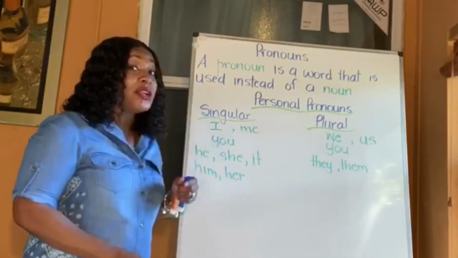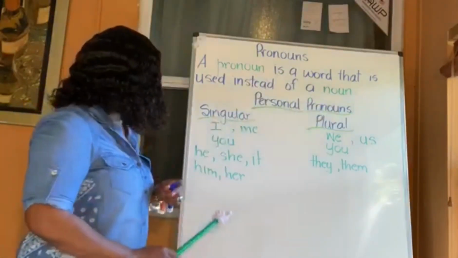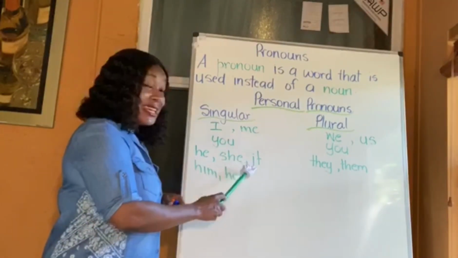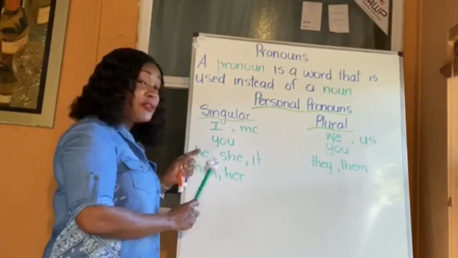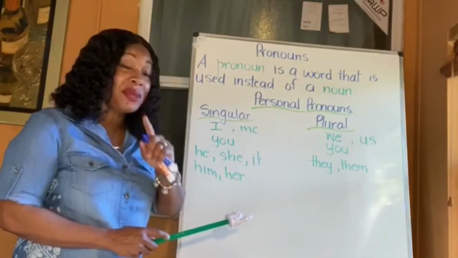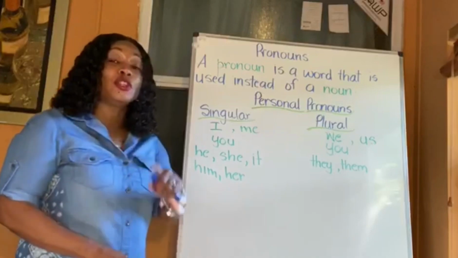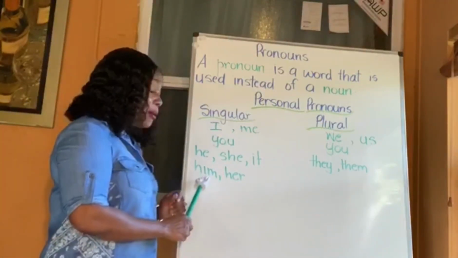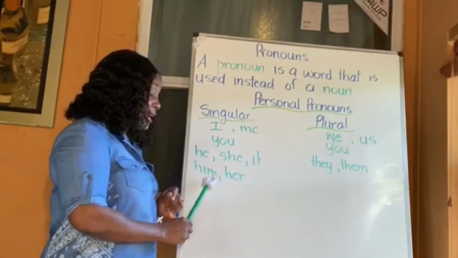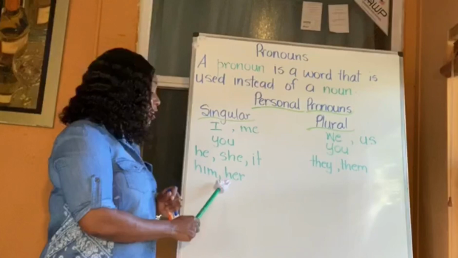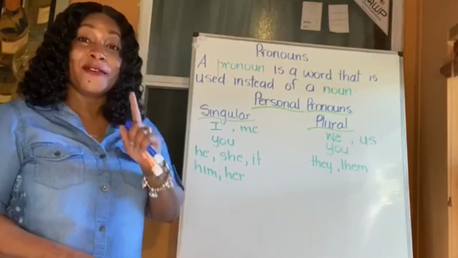You, which can refer to one person. He, she, it. So he refers to one male, she refers to one female, it refers to one animal or one thing. Him and her. Again, him refers to one male, her refers to one female.